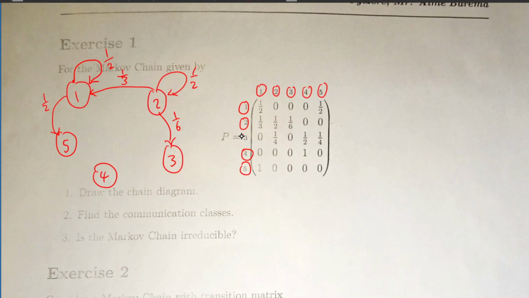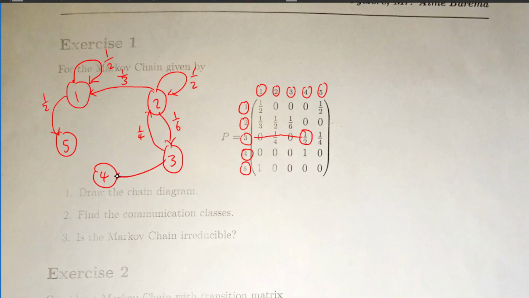Moving from 3 to 1 is 0. Moving from 3 to 2, the probability is 1/4. Then moving from 3 going to 3, that's 0, but 3 going to 4, that is 1/2.